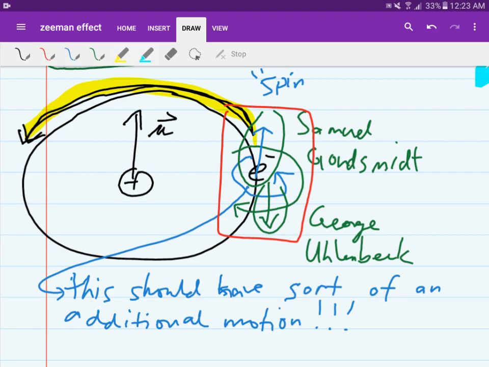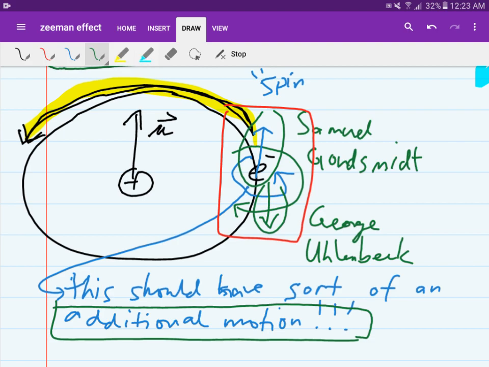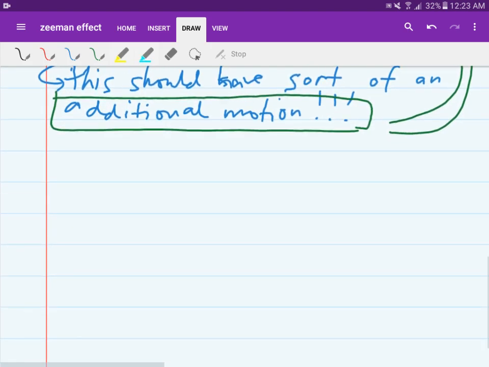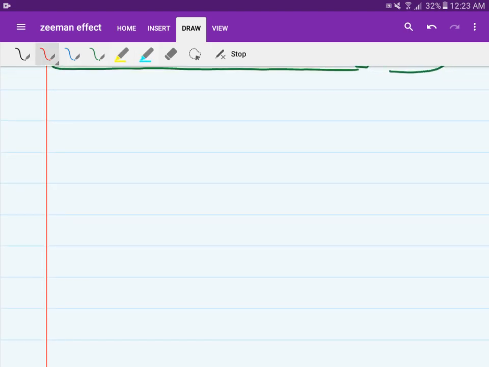Okay, so now we introduce our spin quantum number, which arises from the additional motion proposed by these two brilliant physicists. This is our electron spin, and it is governed by our spin quantum number.